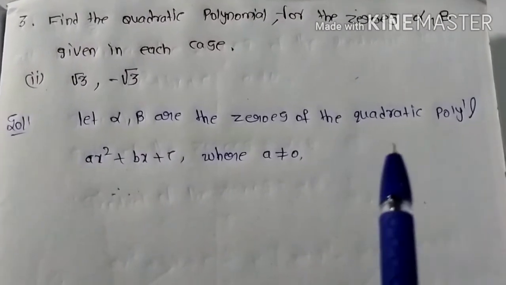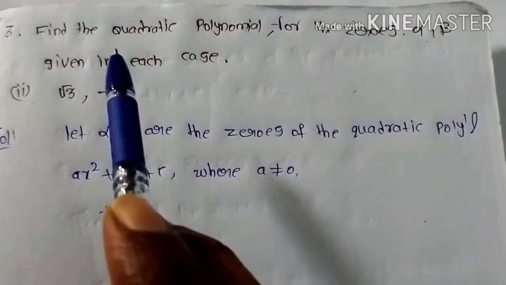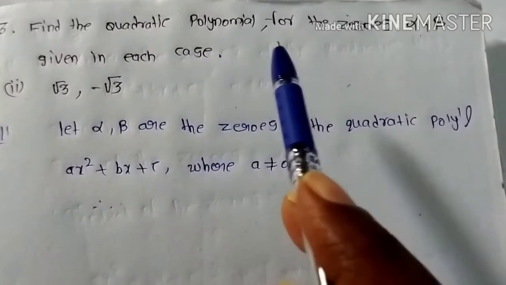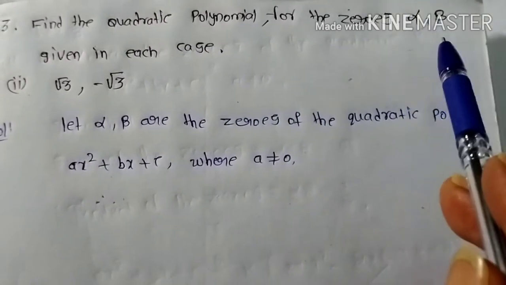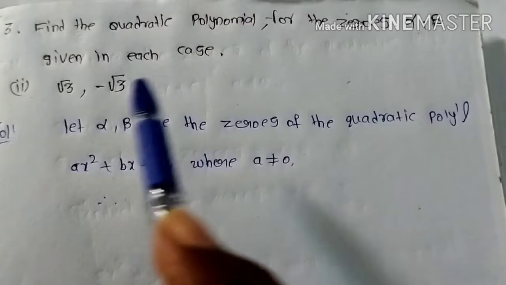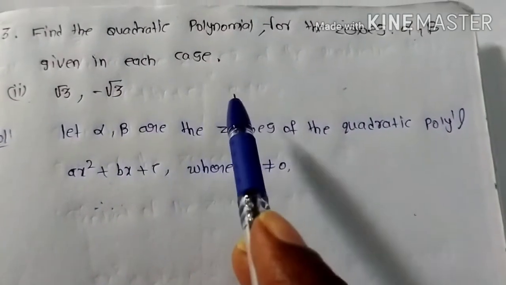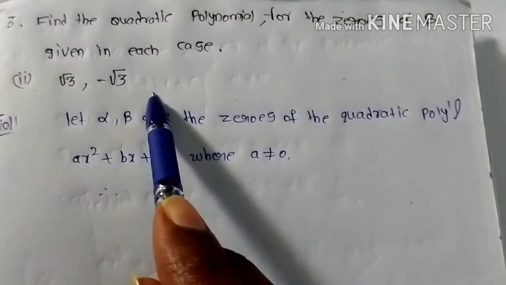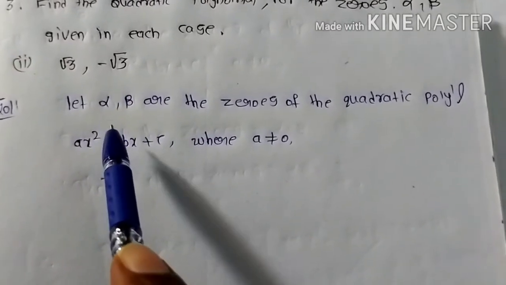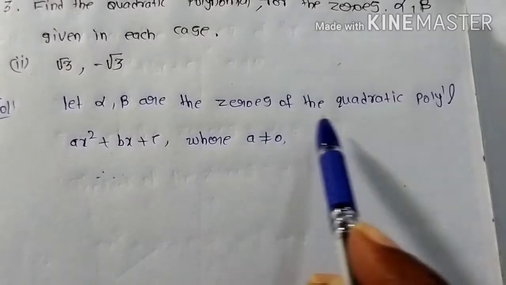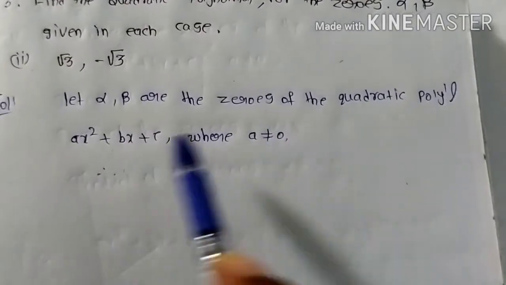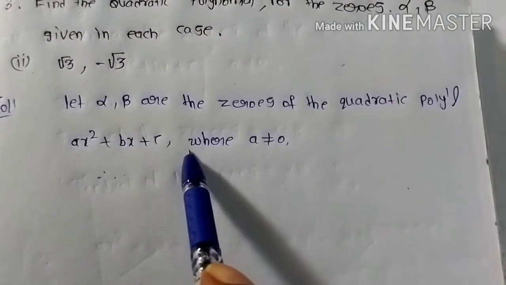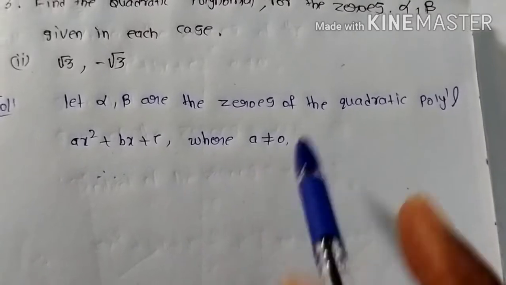Now you can see exercise 3.3, question number 3. Find the quadratic polynomial for the zeros alpha, beta given in each case: root 3 comma minus root 3. Let alpha comma beta be the zeros of the quadratic polynomial ax square plus bx plus c, where a is not equal to 0.